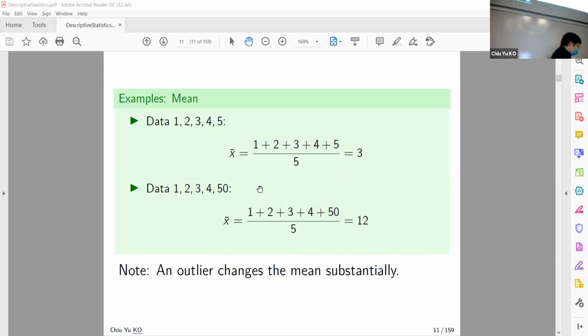Go back to the example of a shop owner. If your data is 1, 2, 3, 4, 5, and suppose this is how much they spend in your shop, then you would take 3 as representative and try to boost sales, design a campaign, assuming they are spending $3 in your shop.